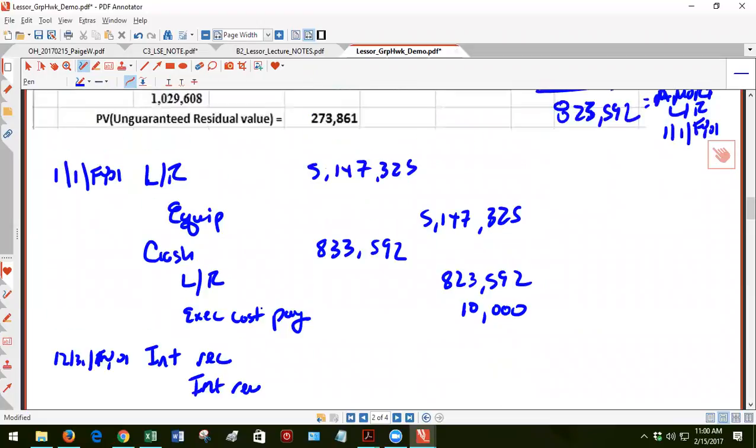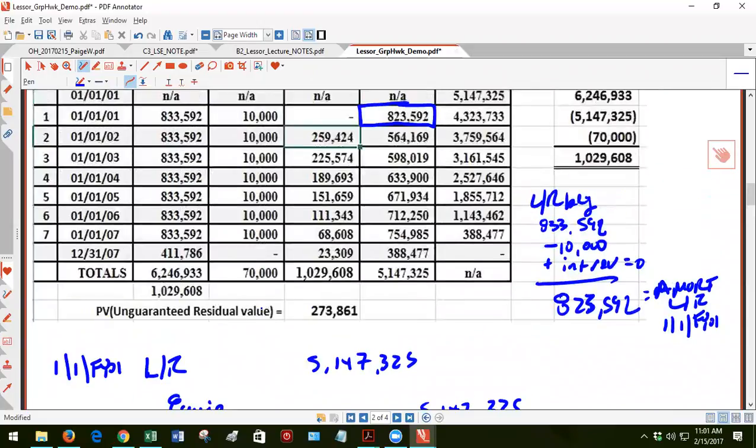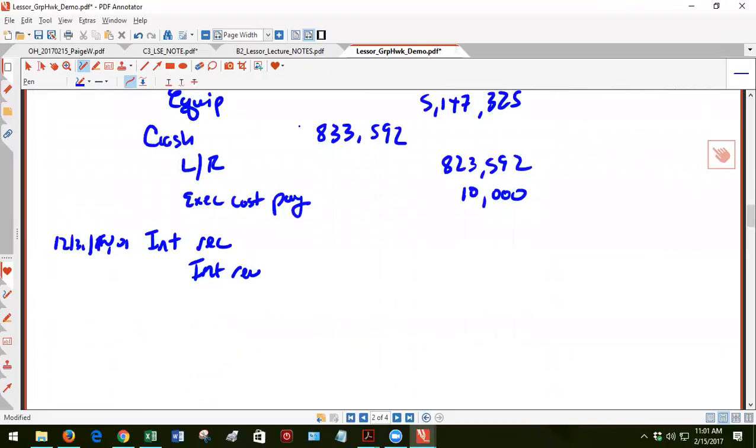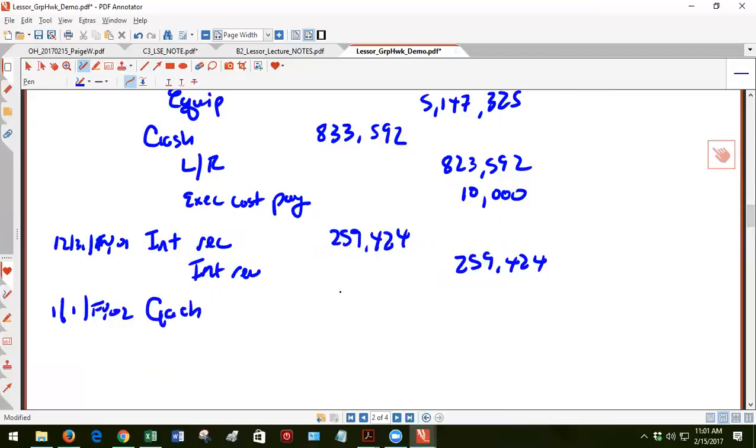Let's go up here. We're looking at this 259,424. And the next payment date, 1/1/FY02. You are going to receive cash, 833,592, same as before.